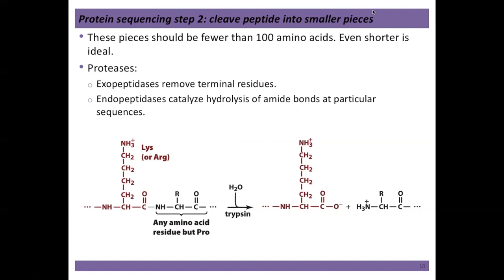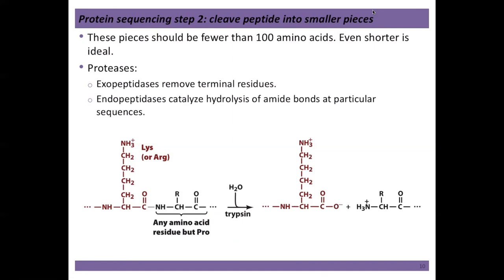And some of them can be very specific, such as trypsin here, which will cleave on the C-terminus side following a lysine or arginine. So if you do a tryptic digest or use trypsin, wherever you have a lysine or an arginine, it will cleave. And so you can imagine you're going to get very defined fragments because it's only cleaving after lysine or arginine.